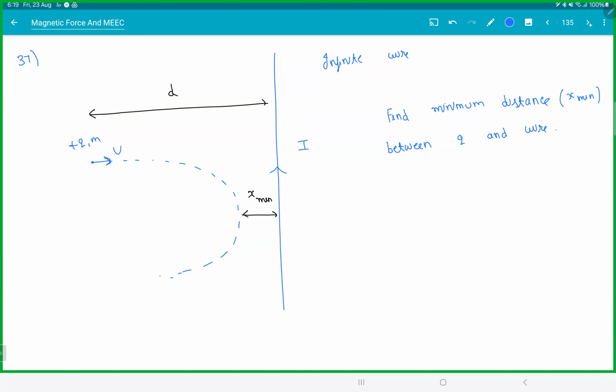If u is 0, x minimum will be d. And if u is infinity, then x minimum will tend to 0, because the closer you get, the magnetic field will tend to infinity. So it will definitely take a turn. If you want to touch the wire, you need infinite speed. This much I can guess. Now we have to put them in the options and see which one will match. Luckily, three are eliminated. The others don't eliminate, so you'll solve.